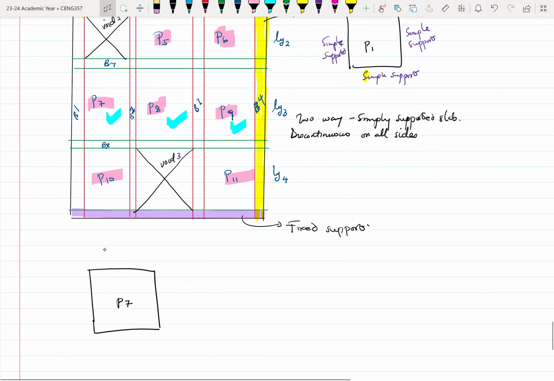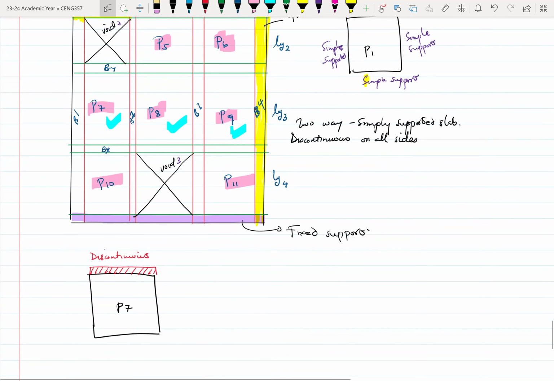Now, because there's a void over here, all right, the beam here is what I'll call a discontinuous beam. So the beam, which is the beam BY, is discontinuous because of the void up there. Now, if you look at B1, let me just name them nicely.